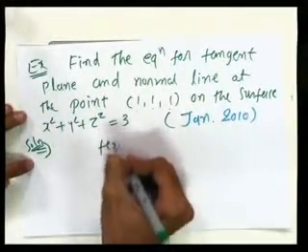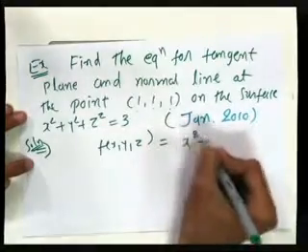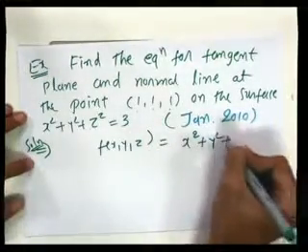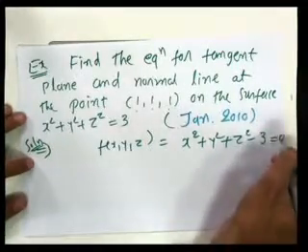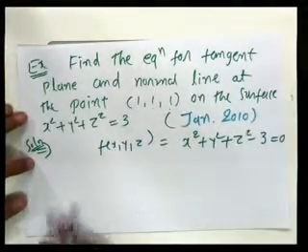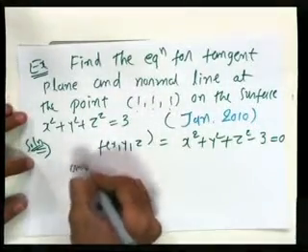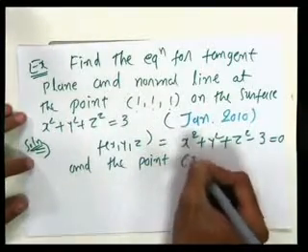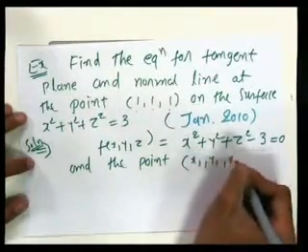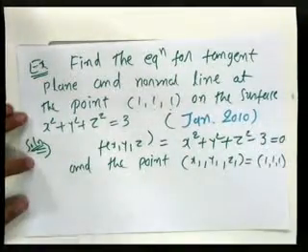Here f of xyz is equal to x square plus y square plus z square minus 3 is equal to 0. This is our surface, and our point x1 y1 z1 is equal to 1 1 1.